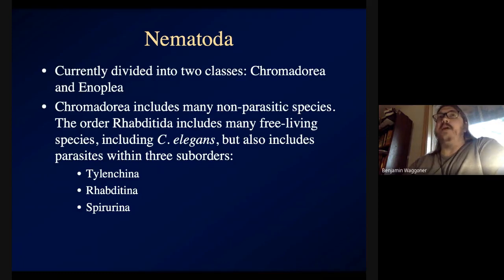The one that Dr. Ferris works on in her lab, if you know her, or you get a chance to work with her. She does research on the aging process using C. elegans. But that order also includes parasites within 3 suborders: Tylenchina, Rhabditina, and Spirurina.